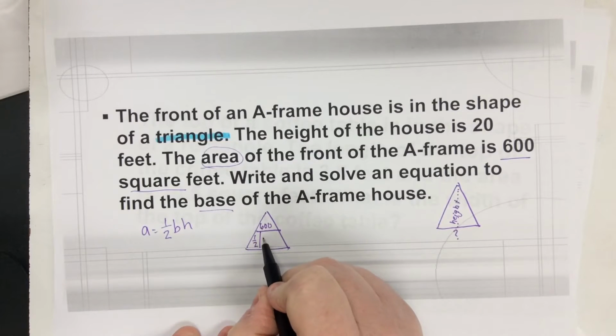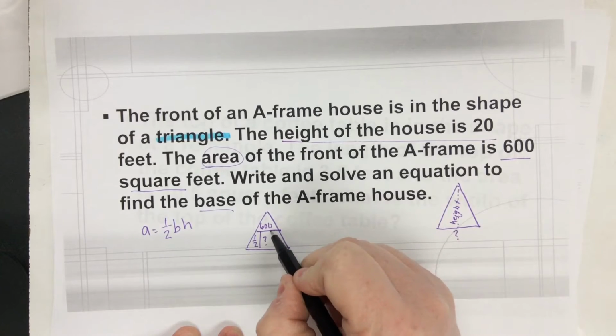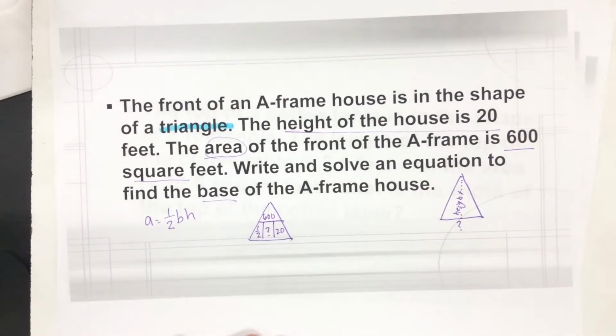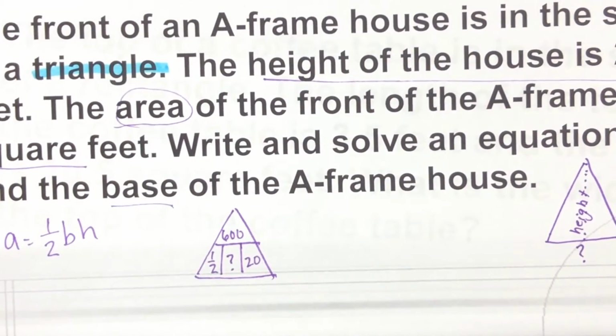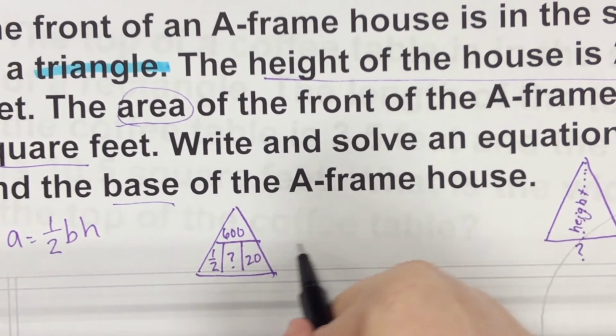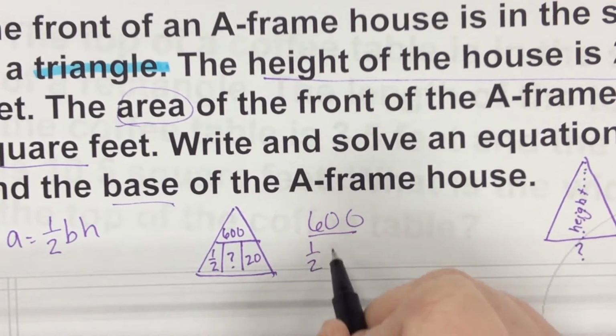I don't know the base, but the height is 20. Okay, and that's all we have to do. I know that's kind of small there for you. Okay, 600 divided by 1/2 of 20. So my equation here is going to be 600 divided by 1/2 of 20.